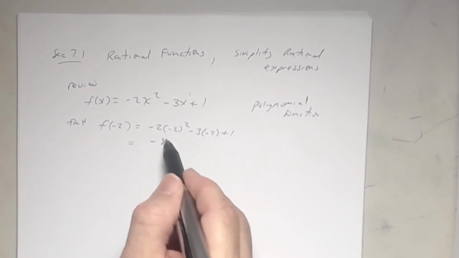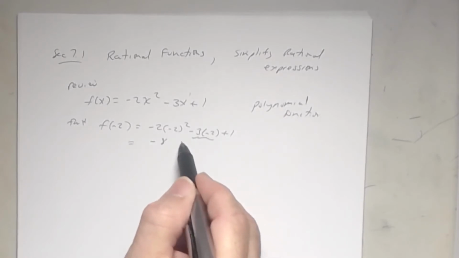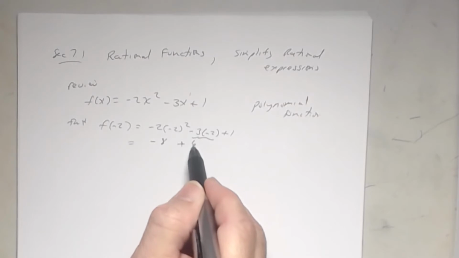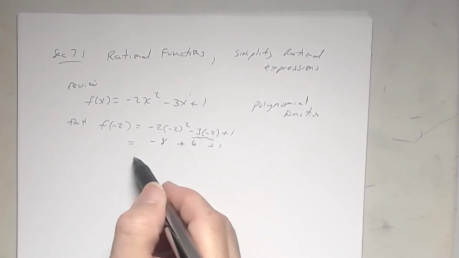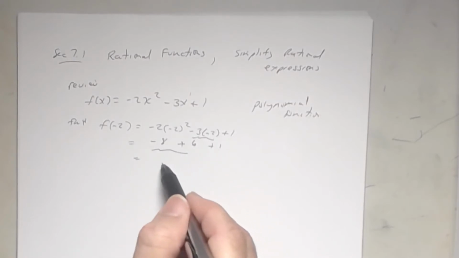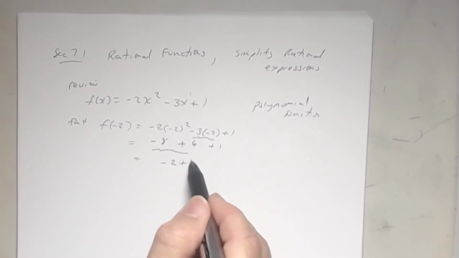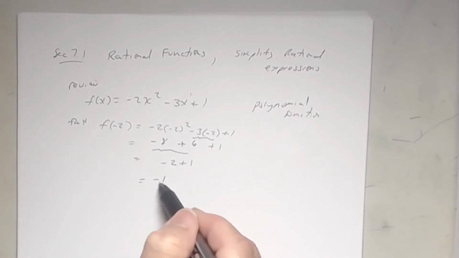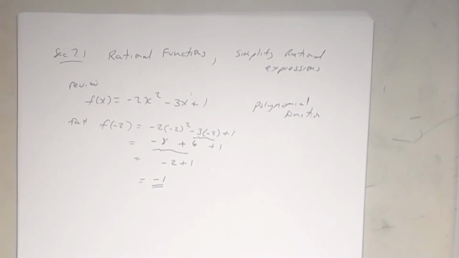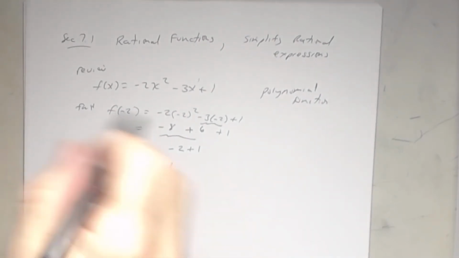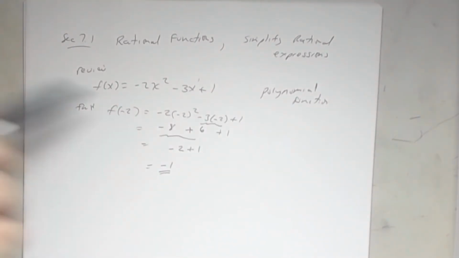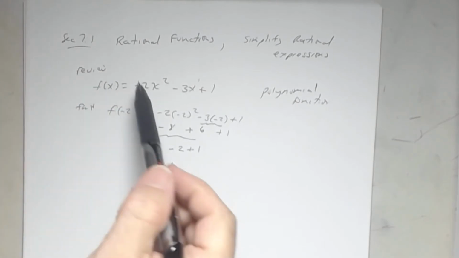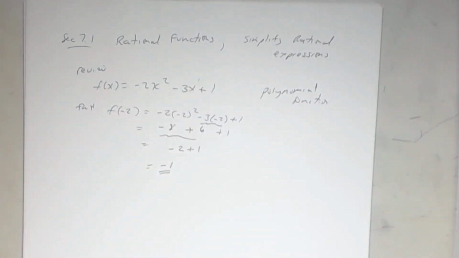This part is positive 6, or plus 6, plus 1. Negative 8 plus 6 is negative 2. Negative 2 plus 1 is negative 1. So f of negative 2 equals negative 1. That's what a polynomial function looks like. In fact, this is a quadratic function, x squared.